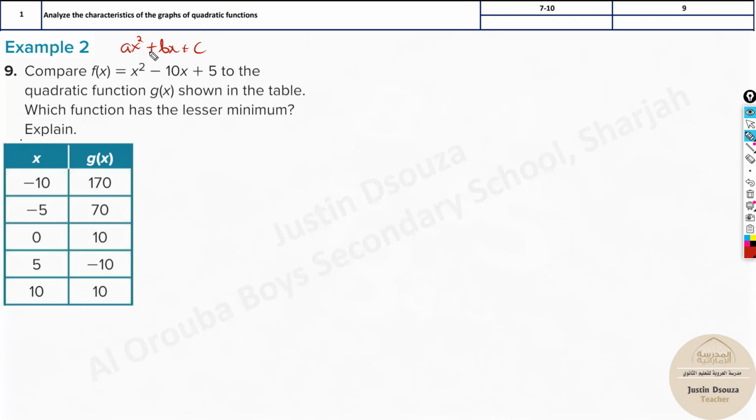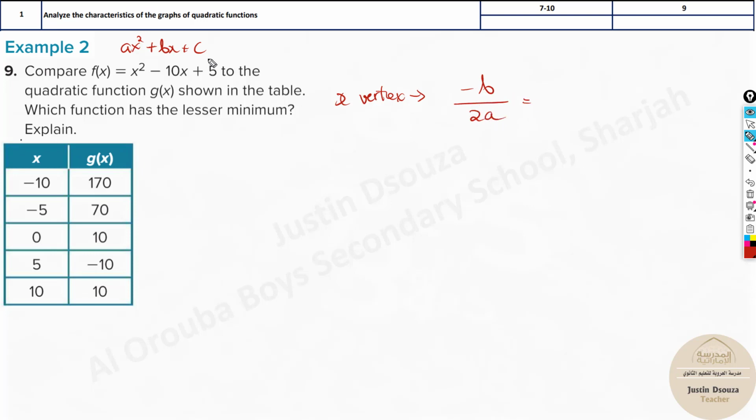Now this is the standard form. From here we can find the vertex formula. The x coordinate of the vertex is given as -b by 2 times a.